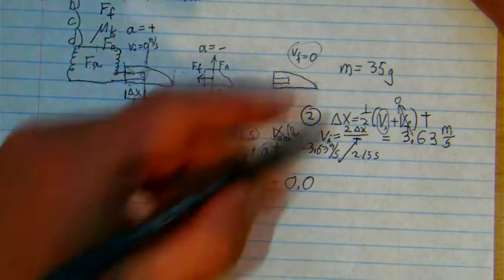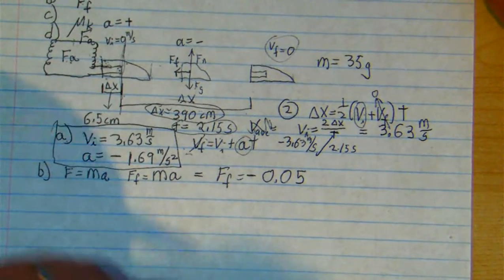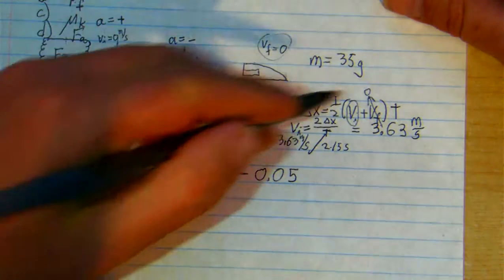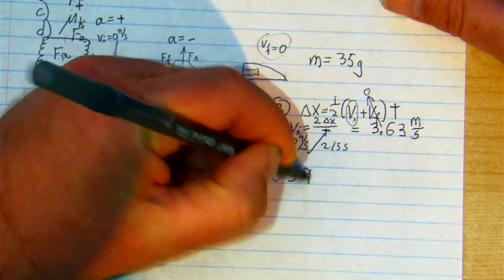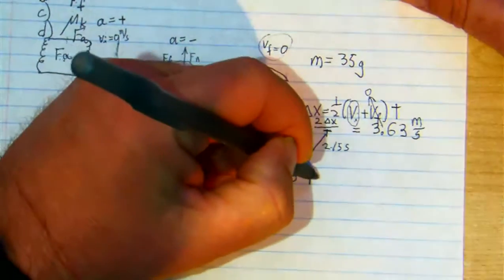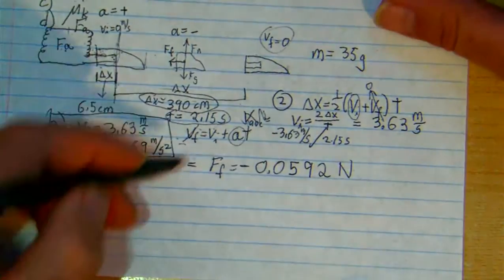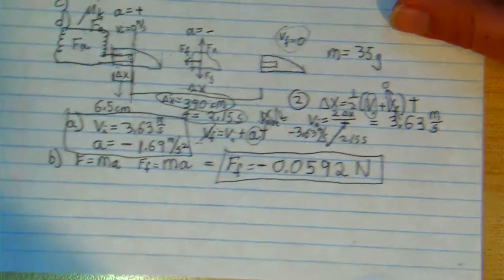So if I just write 5, that's to just one significant digit, not 3. So you should write it out to 3 sig figs. I have the 5 followed by a 9, followed by a 15, which I'm going to round up to a 2 newtons. Force of friction was negative 0.0592 newtons.